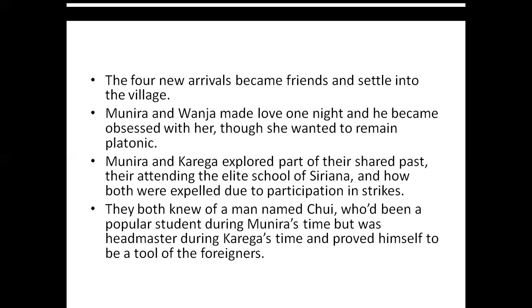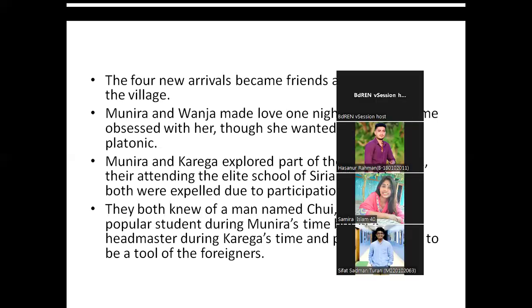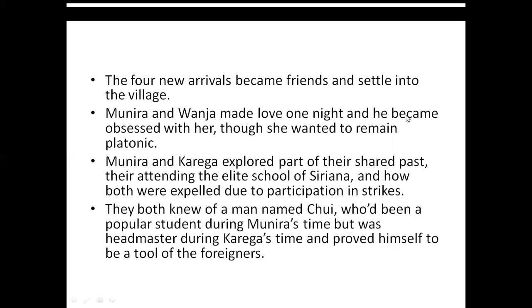Munira and Karega explored part of their shared past. They attended the elite school of Siriana. So Munira and Karega had been studying in the same elite school, in a place named Siriana. And both were expelled due to participation in a strike.